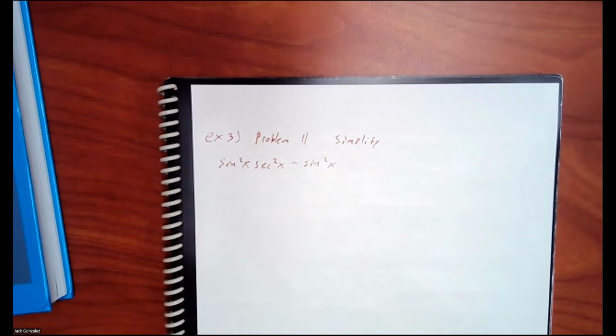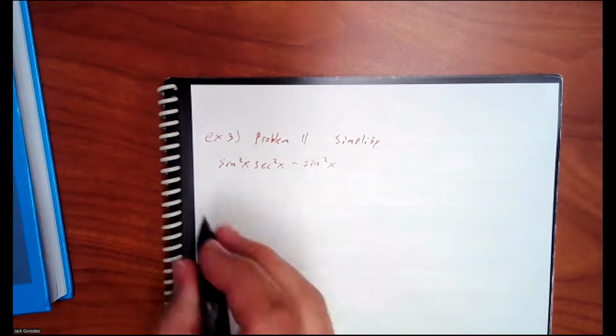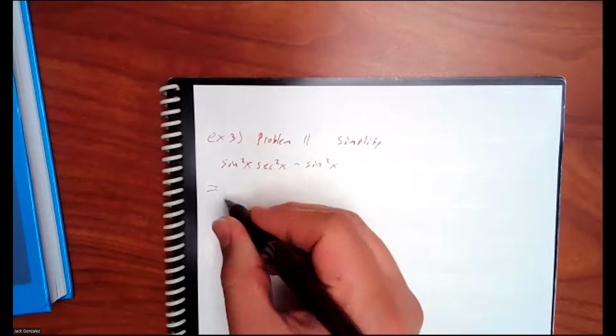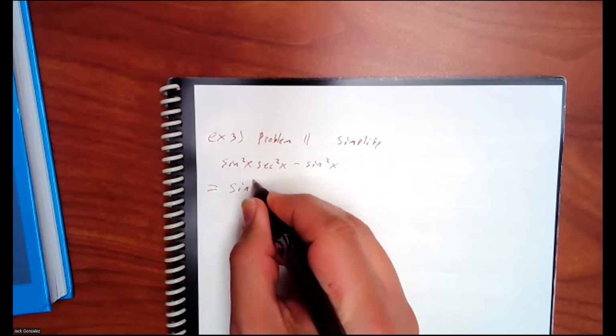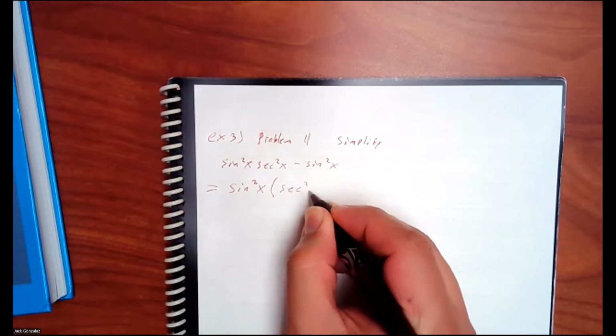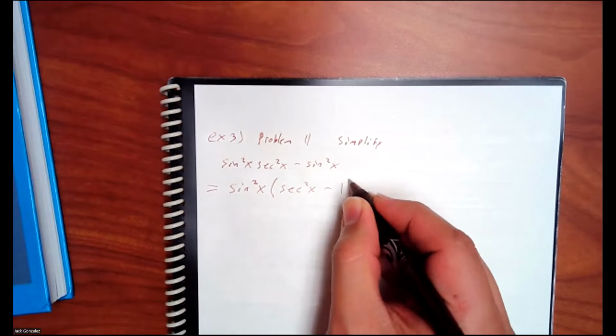Start in a similar way. You see how they both have sine squared in common. So factor the sine squared, and I'll be left with secant squared x minus the 1.